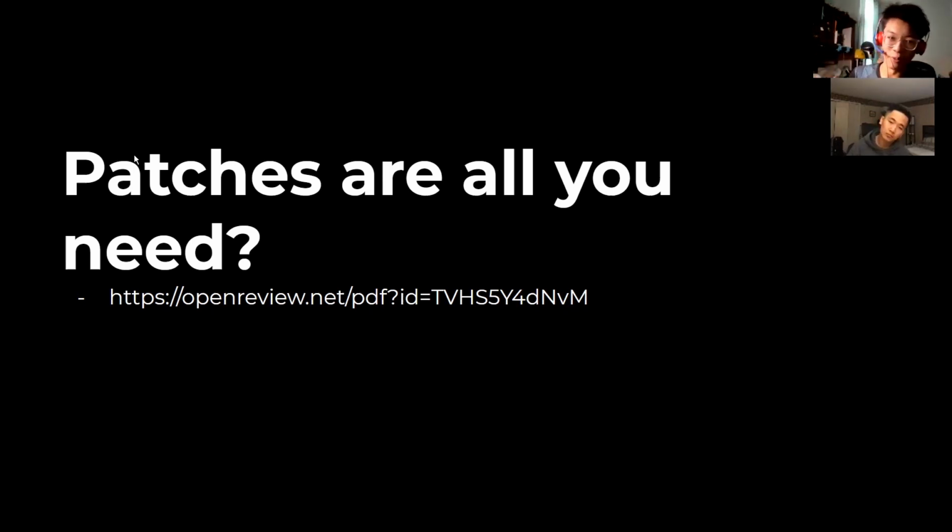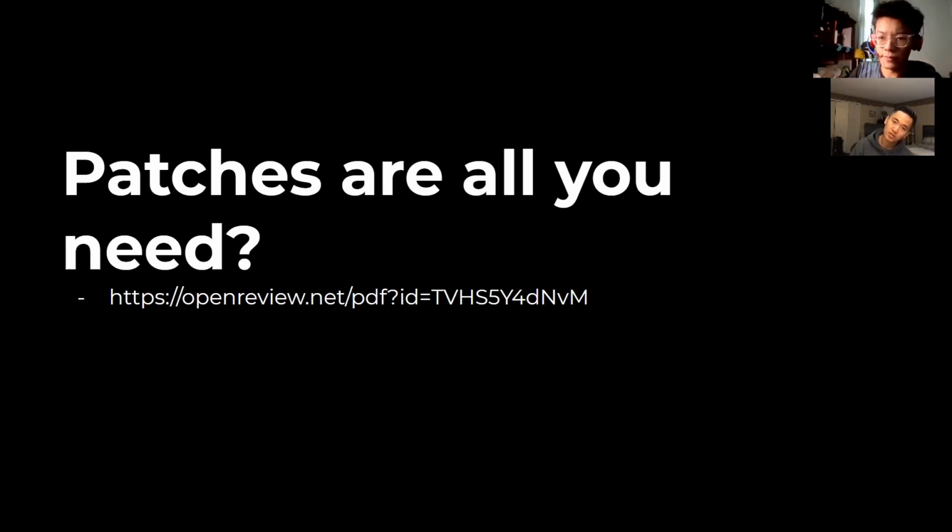So they wrote a paper called "Patches Is All You Need." They're saying you just need to split the image into patches, and we'll use just basic convolutional layers or multi-layer perceptrons to solve a classification problem.